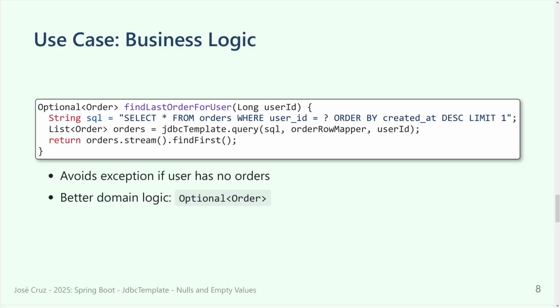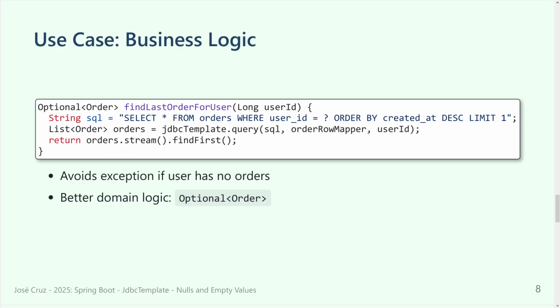Okay. Use case on the business logic here, it's the same concept, but you have this limit here. So you have again the find last order for user, again a filter, but in this case you are ordering and you are using the limit one, you just want one row, but that doesn't mean that it exists. Okay, so list order again, JdbcTemplate query, the same query as we were seeing, and then you return the findFirst.